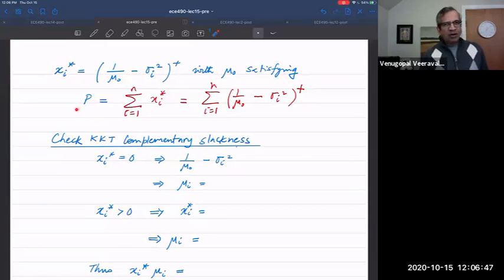And this is called a water filling solution. It's an interpretation for the solution, which you can read up in books on communication over parallel channels. I'm not going to go over that interpretation in this class. So you just keep increasing this level 1 over mu 0 until you hit P for the sum. That's the value of mu 0 that satisfies the equality. Plug that into here to get the xi stars.